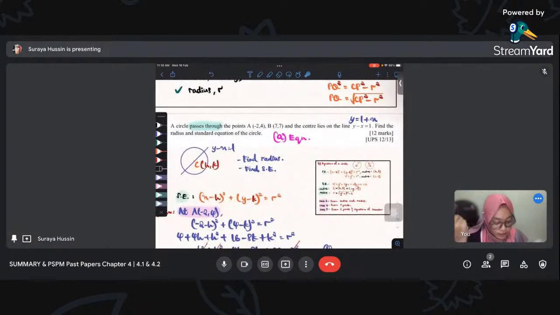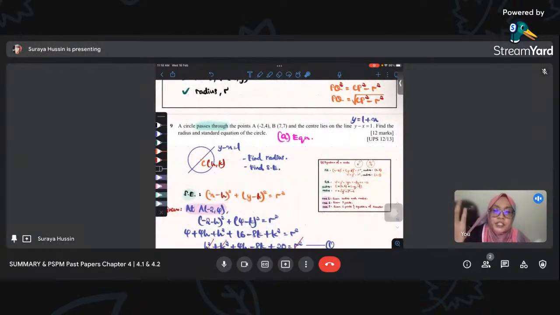Persoalannya, which equation should I use? Is it standard equation or general equation? Boleh tak semua orang bagi tahu saya sekarang? Tell me right now, you all guna SE ke you guna GE? All of you, type it right now. What do you use?